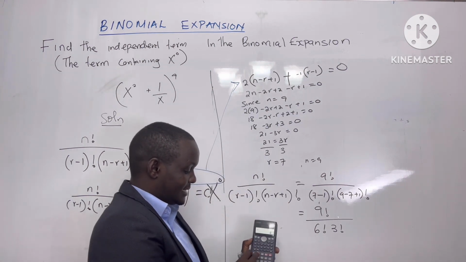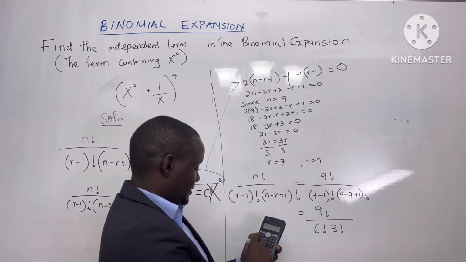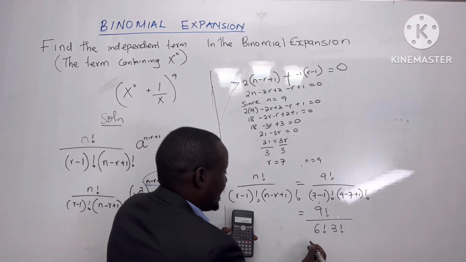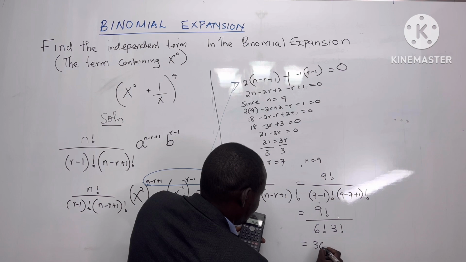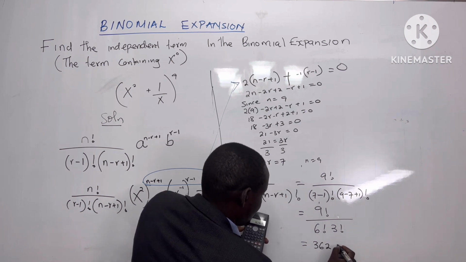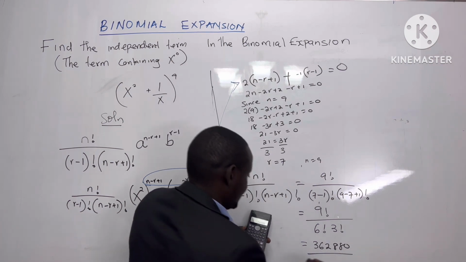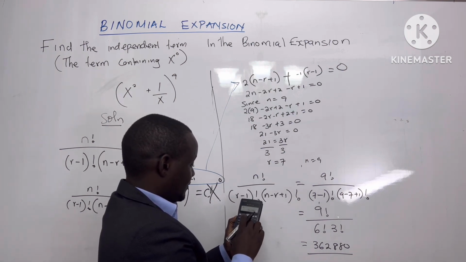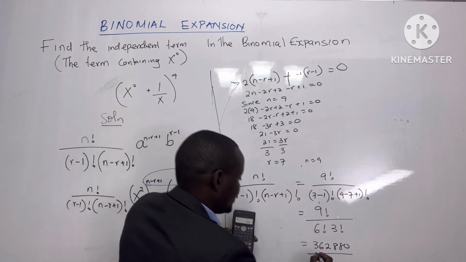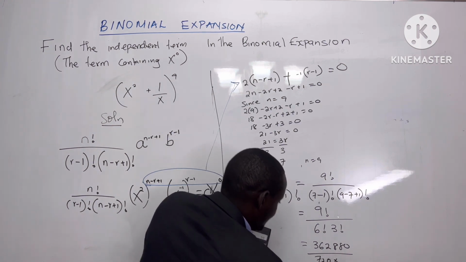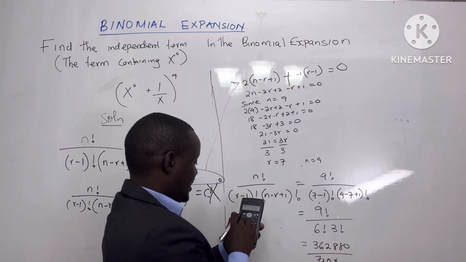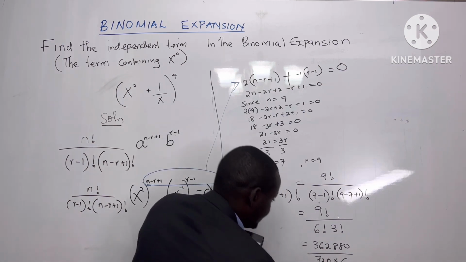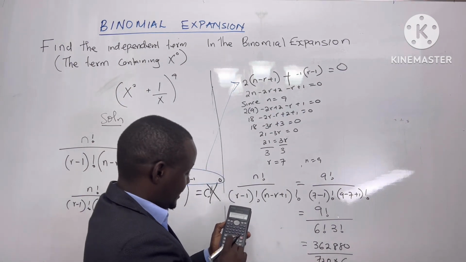You put 9, then shift factorial. 9 factorial is 362,880. Then 6 factorial is 720, multiplied by 3 factorial, which is 6.